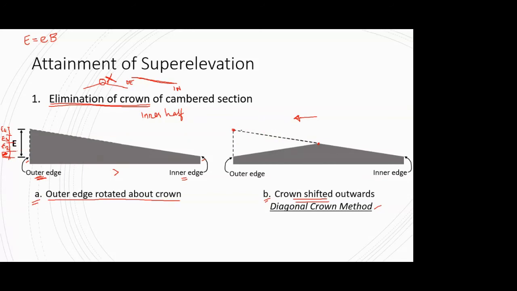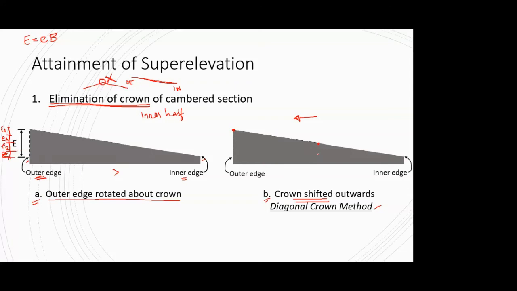And as you can see, the slope on the outer half is the same slope which is continued towards the inner half of the pavement. So this is what your pavement will look like at the end of the transition curve and just before the start of the circular curve.